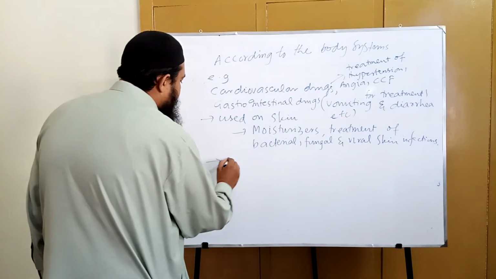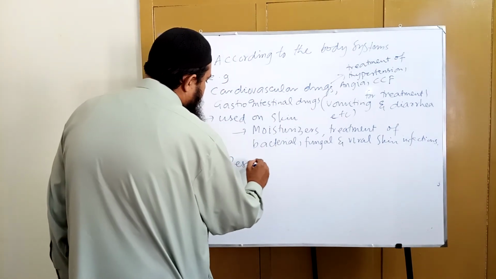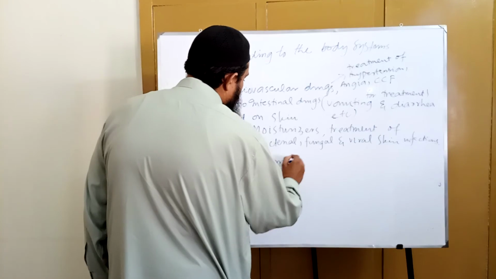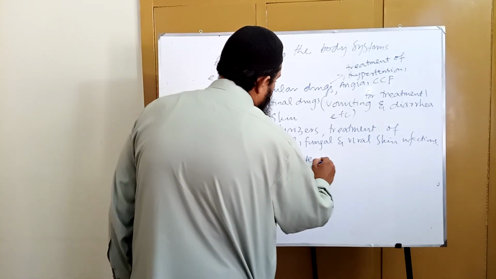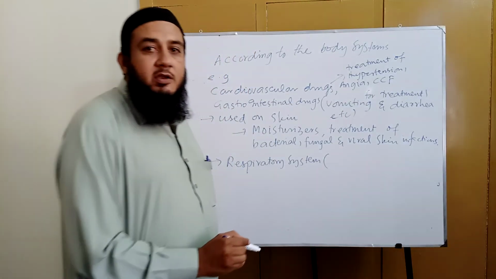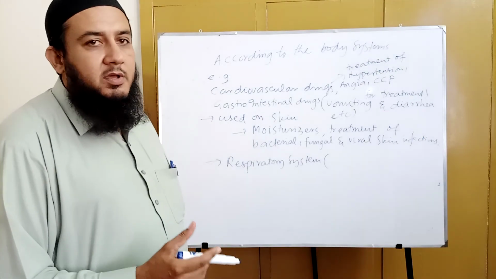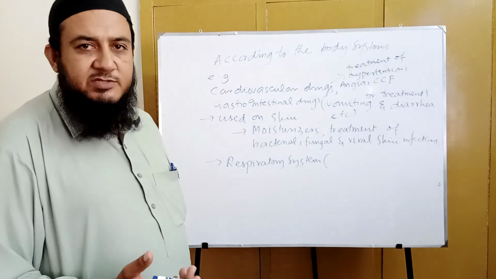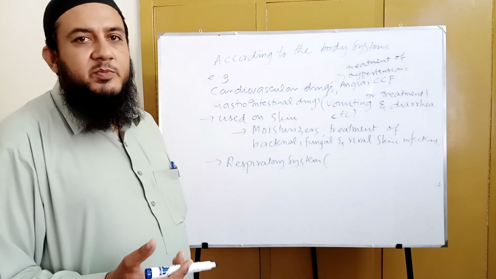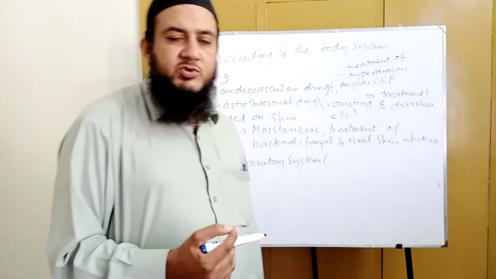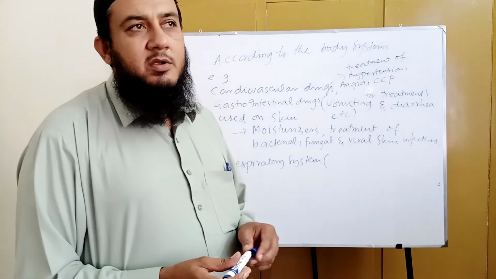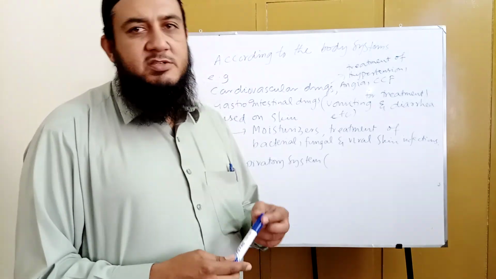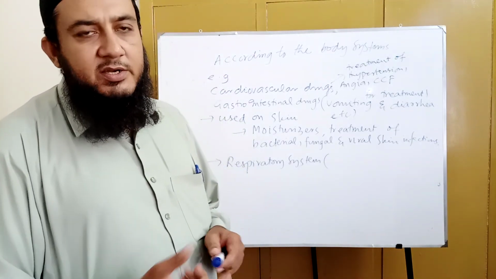Drugs acting on the respiratory system may be used for treatment or help in the expulsion of sputum; they are called expectorants. May be used for treatment of cough; they are called antitussives. May be used for bronchodilation in asthmatic patients; they are called bronchodilators.